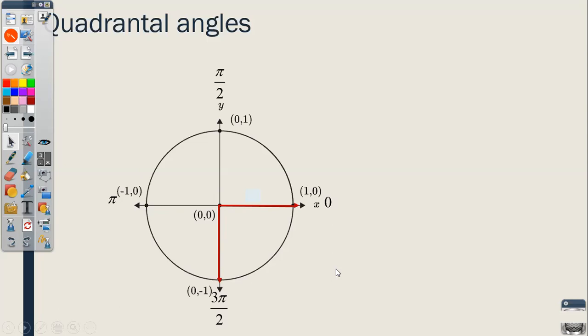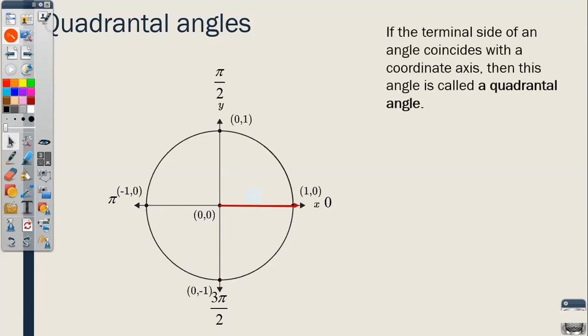Now here we can understand. If the terminal side of an angle coincides with the coordinate axis, then this angle is called quadrantal angle.